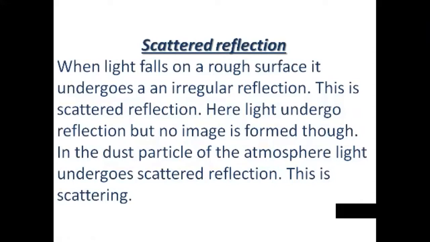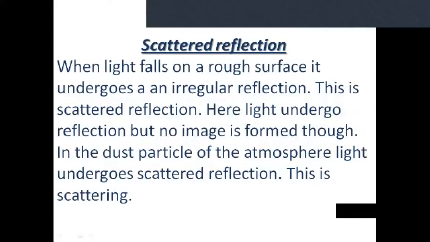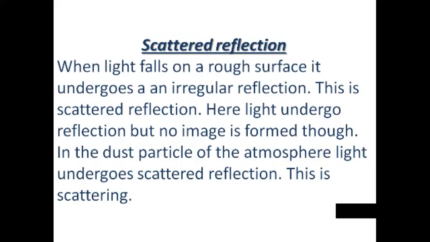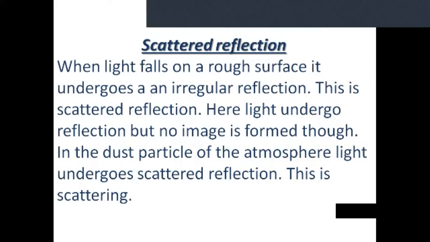That is, when light falls on a rough surface, it undergoes an irregular reflection. There is a reflection, but in irregular form. This is the scattered reflection. Light undergoes reflection but no image is formed.